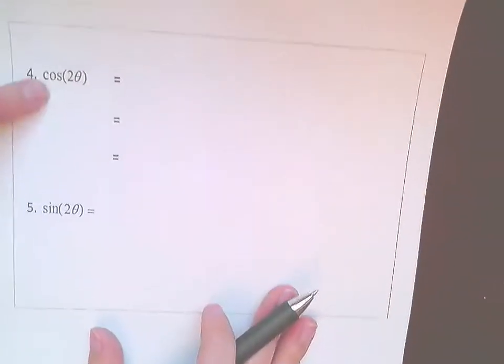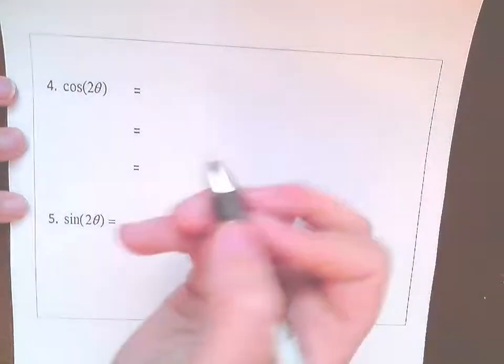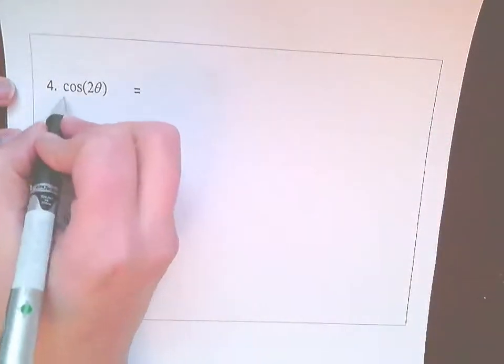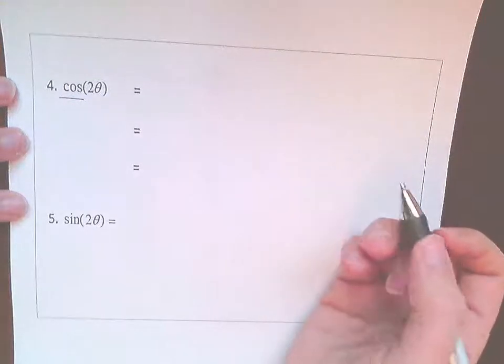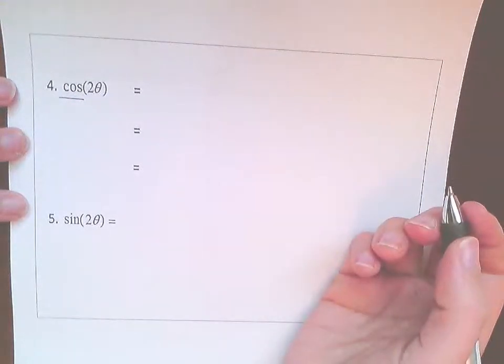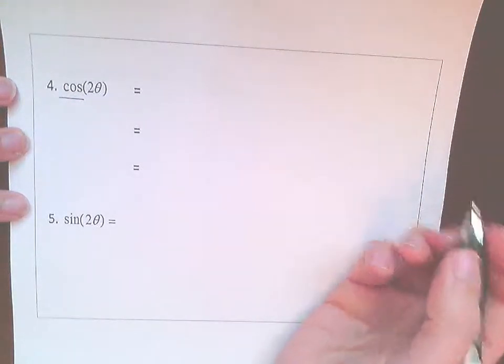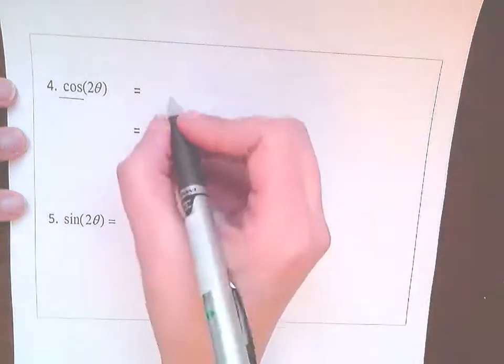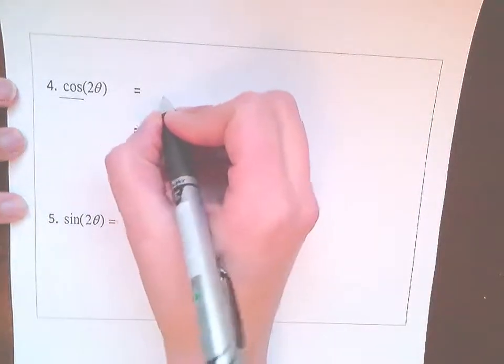Alright, now here are the double angle identities. Again, we did these last year. Now cosine has 3 double angle identities. And we'll talk about it tomorrow in class, how they're all basically the same thing, just written in different ways.